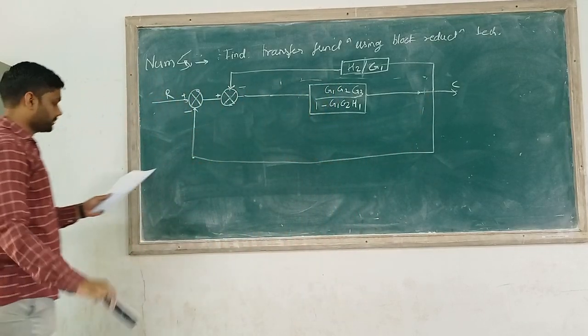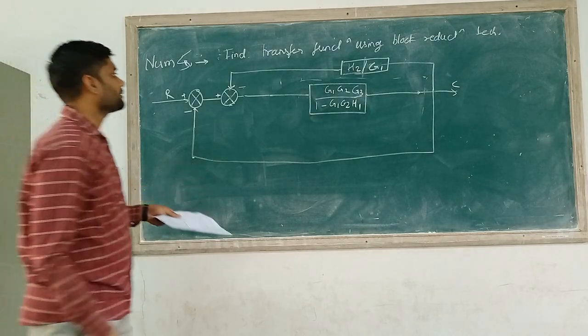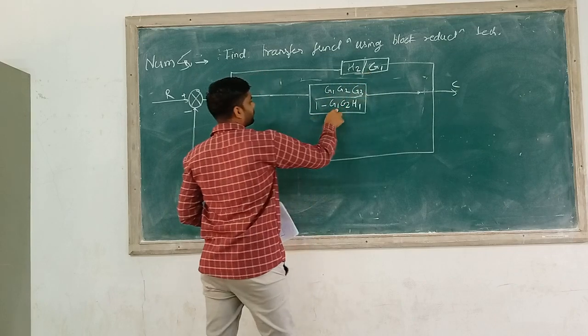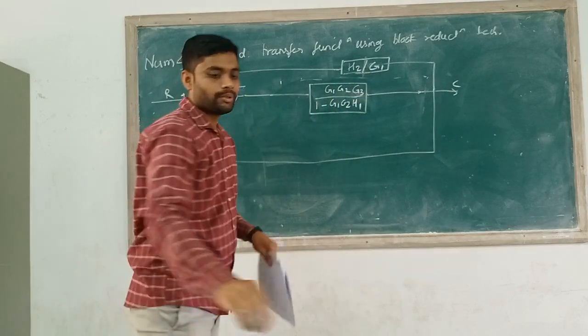Okay. So now what is having here? Here we are having this negative feedback loop to this block here. So negative feedback loop. So we need to solve it.